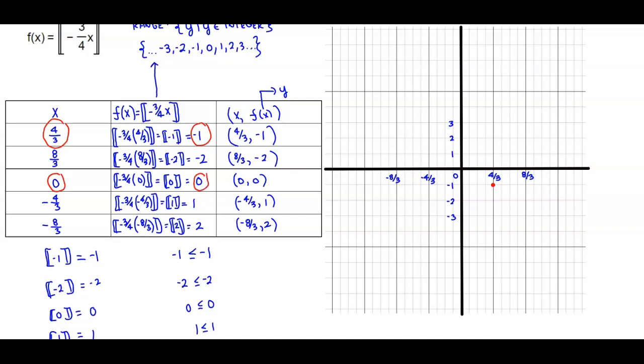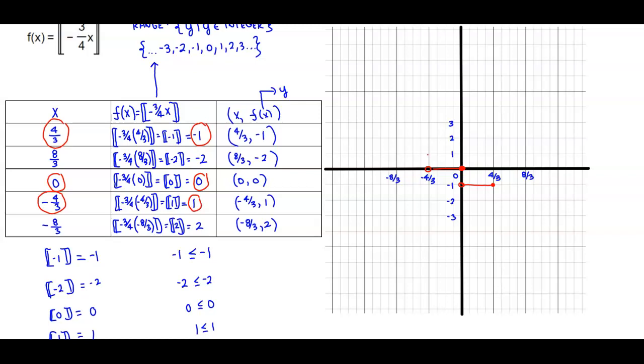So that means that when we go all the way over to the x value of 0, we have an open circle there. Because at 0, we're going to have a closed circle, and then it's going to go all the way to negative 4/3. Because if you look at negative 4/3, that's going to have an output of 1.